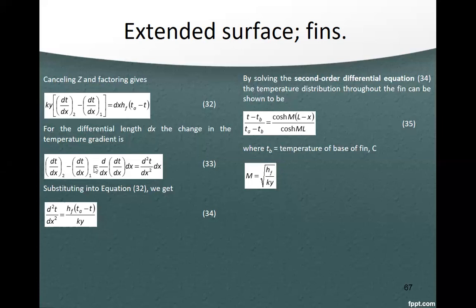Ito, sinimplify lang to. So, magiging, ito na siya. Second derivative of T with respect to x equal to h sub F times (T sub m minus T) over KY.